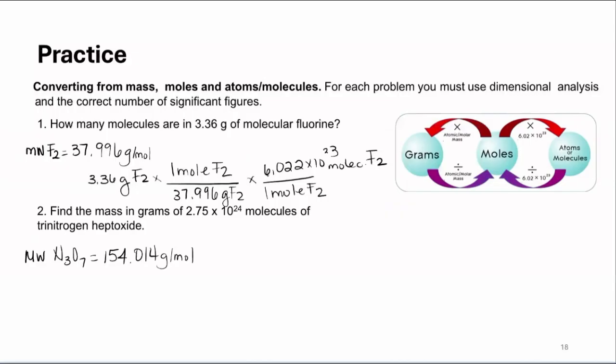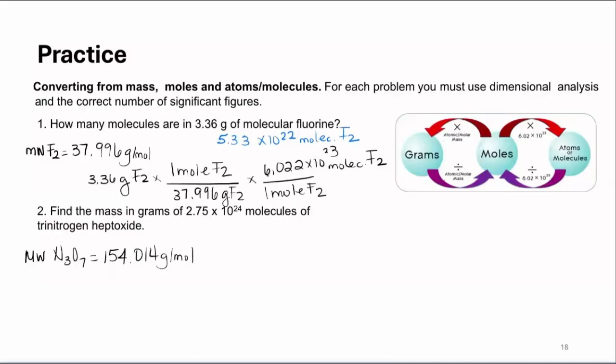And my calculator display, when rounded to the correct number of sig figs, which is 3, shows me that the answer to this problem is going to be 5.33 times 10 to the 22 molecules of F2. It's what is present in 3.36 grams of molecular fluorine.